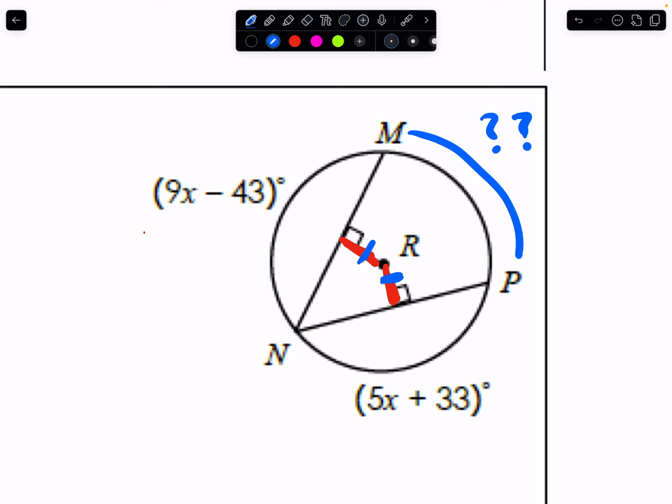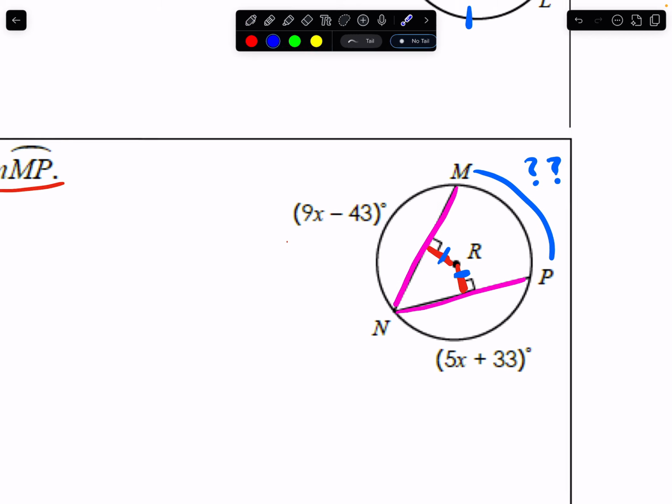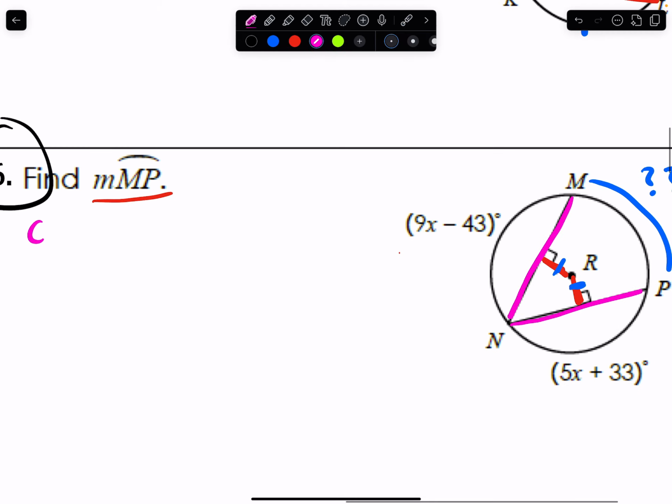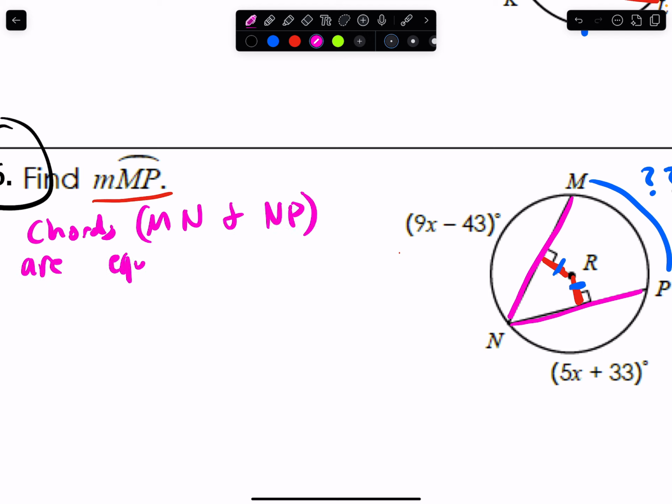These chords are equidistant from the center, so chords MP, MN and NP are equidistant from center.